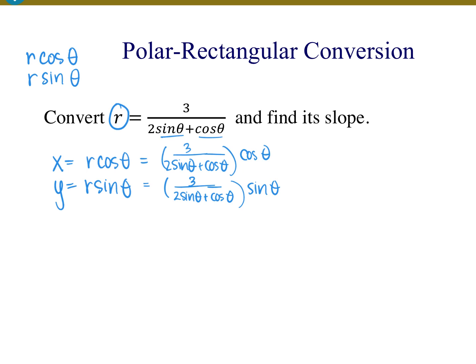Okay, so a different way, which I think is going to be better, is to think of this as r over 1 and then do a cross multiplication. When I do that, I'm going to see 2r sine theta plus r cos theta equals 3.